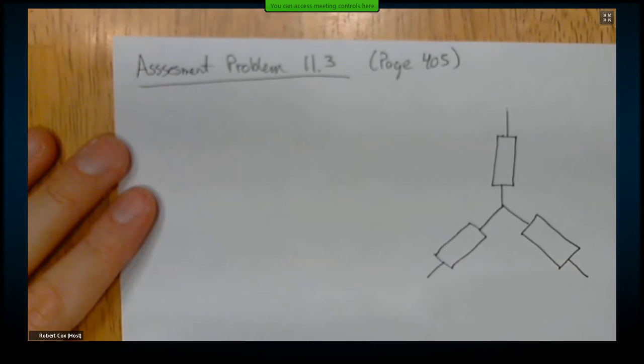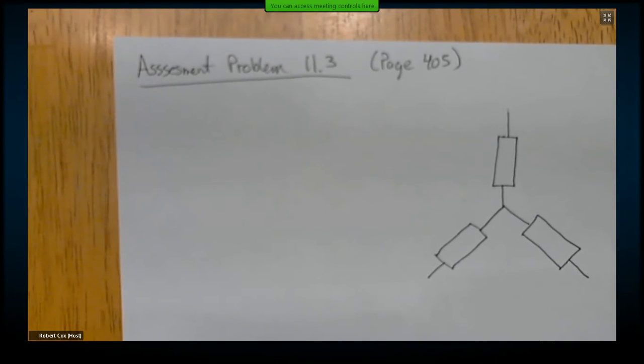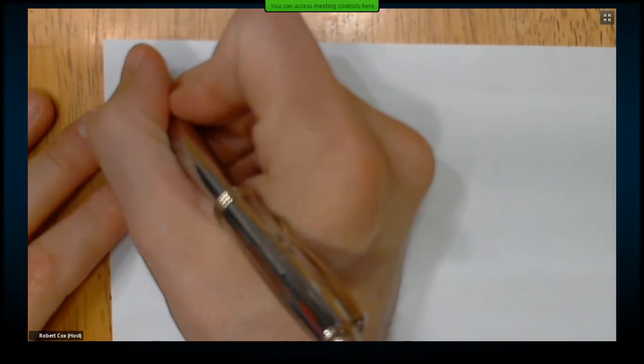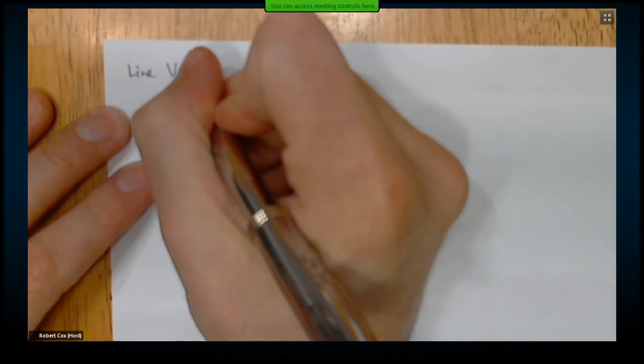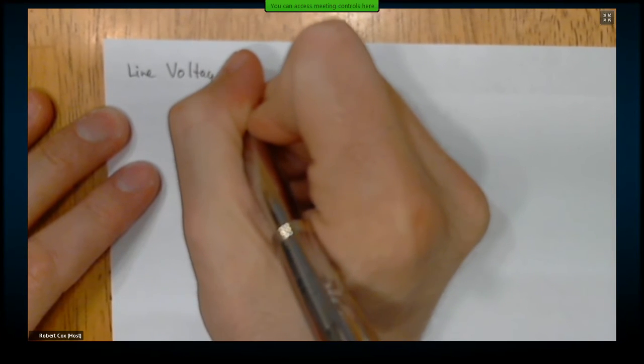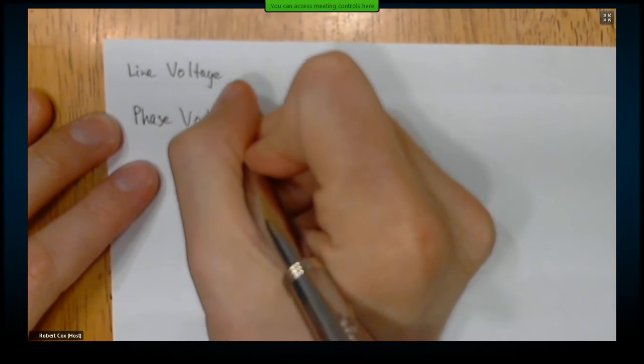Now this term phase voltage, I should probably define a couple of things here before I go too far. I hate the terms, but they're important, so let me go over them real quick. They get confusing very quickly. Line voltage and phase voltage.